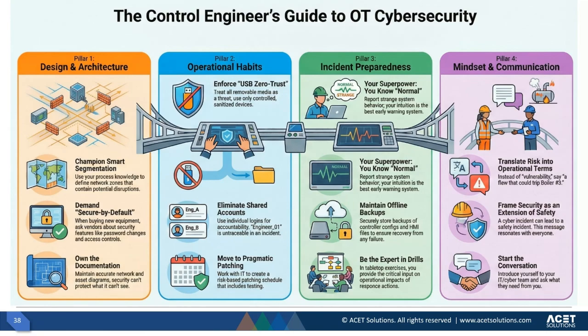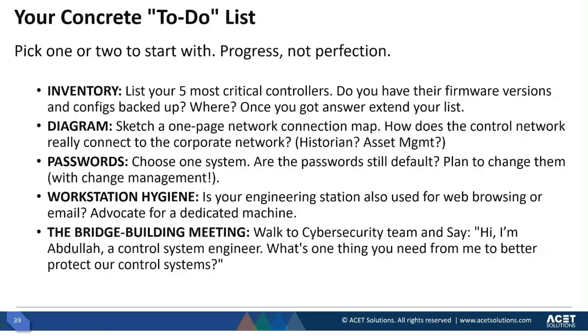Okay, with that, we have a to-do list. Pick one or two to start with. There is no need to be perfect or to complete the whole asset inventory. But to start, just think for a second and list down, for example, your most critical controllers.